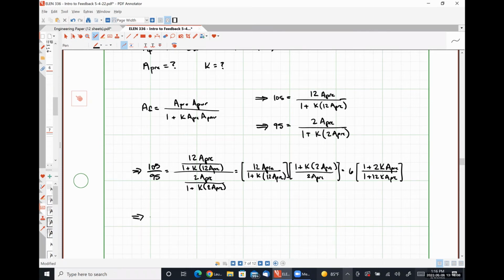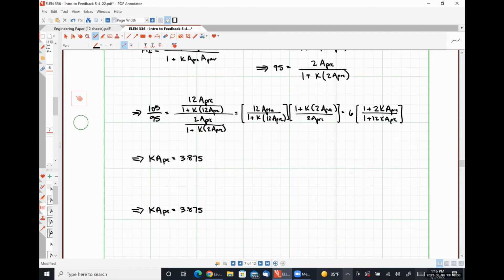Solving for Ka pre yields 3.875. So this is what our loop gain is. And I can then substitute this relationship back into either of these two closed loop gain expressions, which should allow me to solve for the preamp gain by itself.